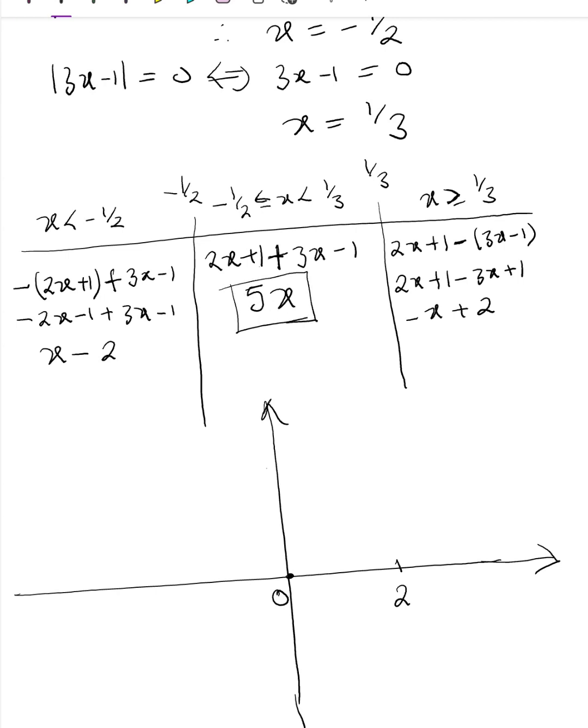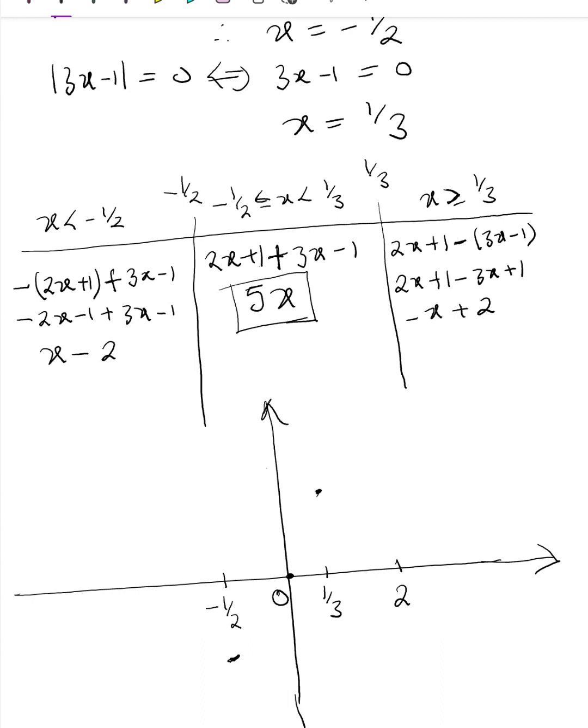We know that it is between negative half and 1/3. So let's say this is my negative half, and let's say this is 1/3. So I know that I will have some point here and some point here.